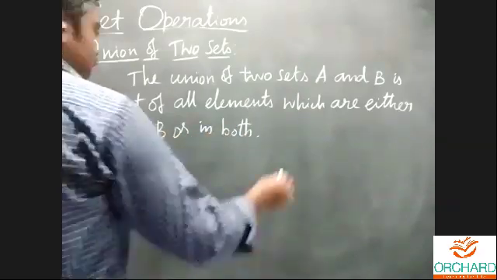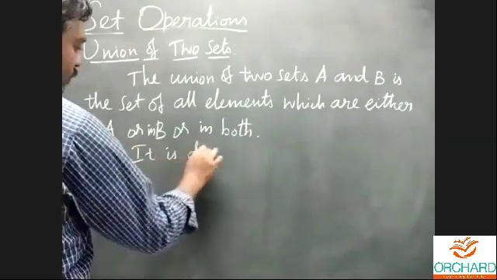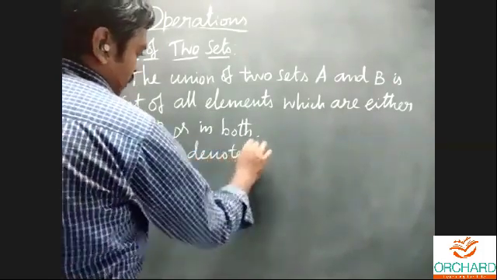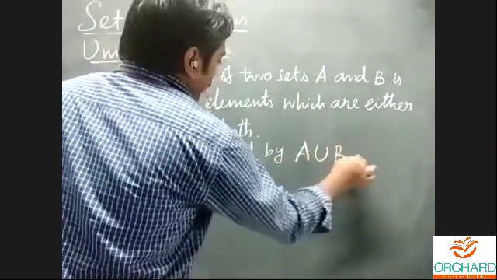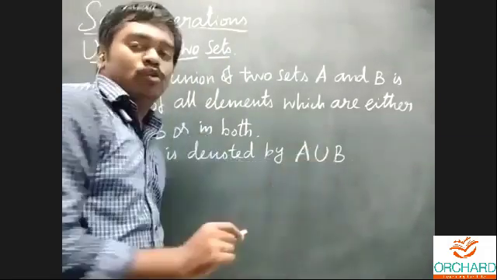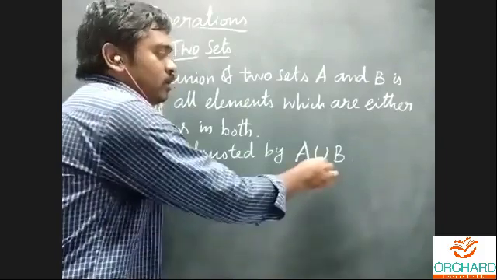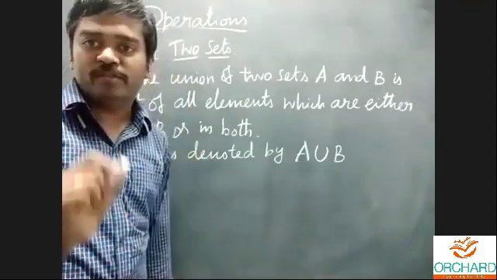It is denoted by A union B. We already used the capital U for the universal set, but now we call it a symbol, A union B. How to read the symbol?